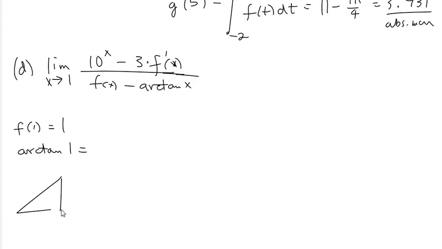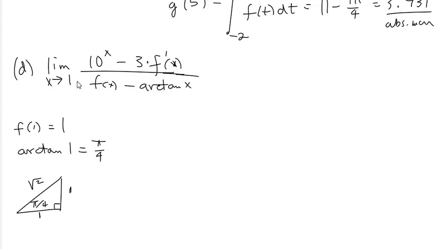Well, if you look at the 45, 45, 90 triangle, 45 degrees is pi over 4 radians, and the tangent of pi over 4 is 1, isn't it? So the arctangent of 1 is pi over 4. So this denominator is not going to 0.